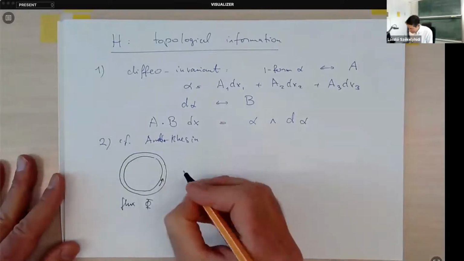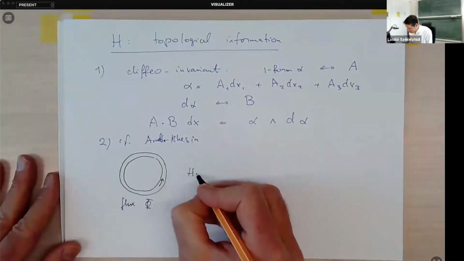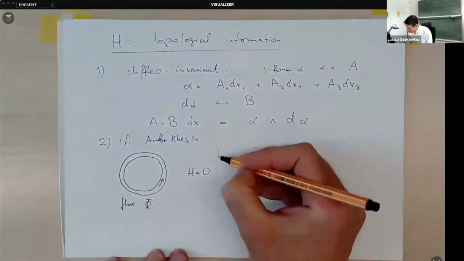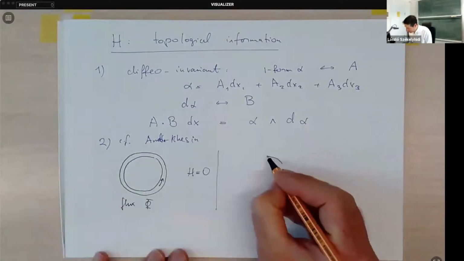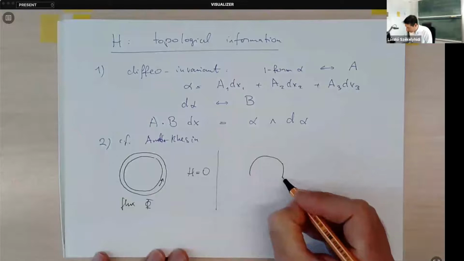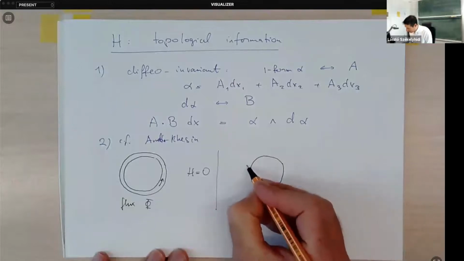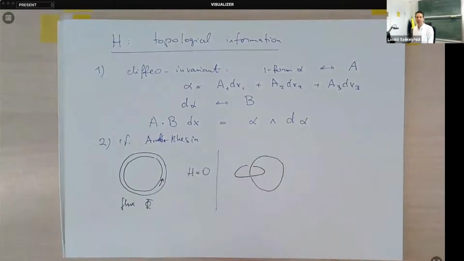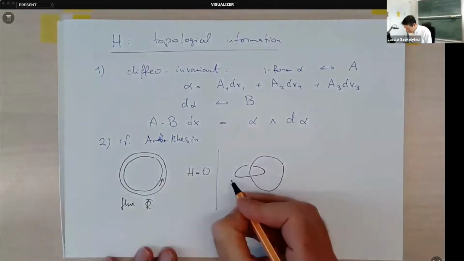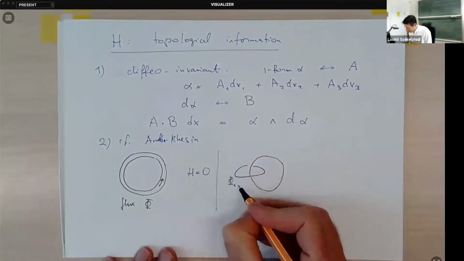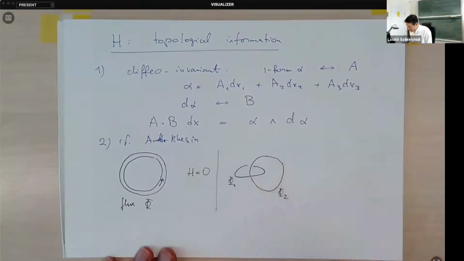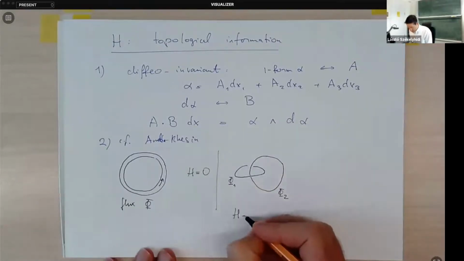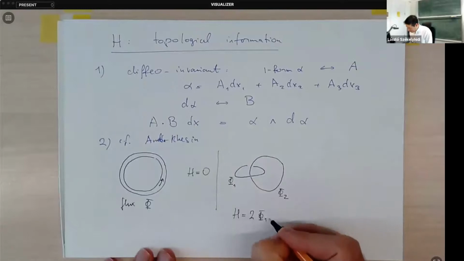Well, whatever the flux is, the H will be 0. But if you take two tubes which are linked, now I will try to draw the curves with the centers of these tubes, but you can imagine two tubes. Then say with fluxes phi1 and phi2, then H is given by 2 phi1 times phi2.